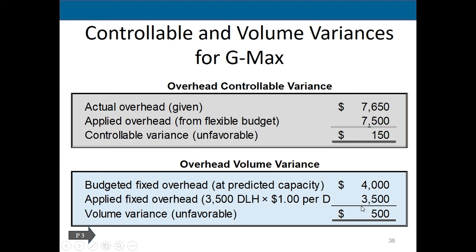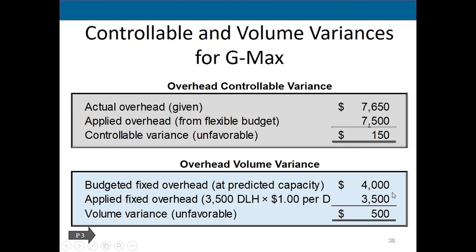The problem is that we didn't run at capacity. This is our most efficient place, right? It's because it's fixed overhead. We're going to spend $4,000 no matter what, because it's fixed, and because we didn't run at predicted capacity, we really only applied out 3,500.